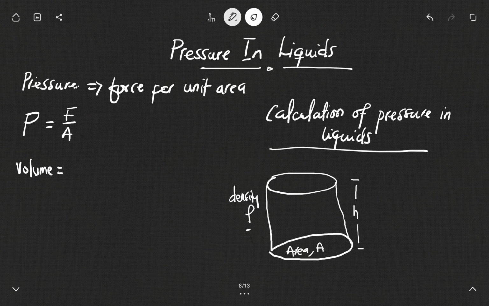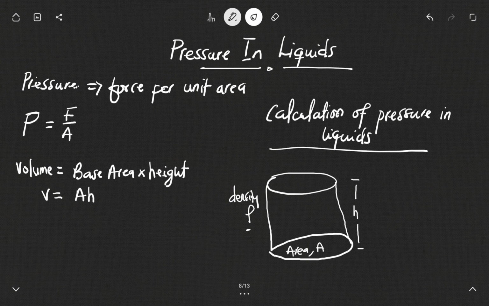To get the volume, we need to multiply the base area by the height, which means volume is equal to area multiplied by height.